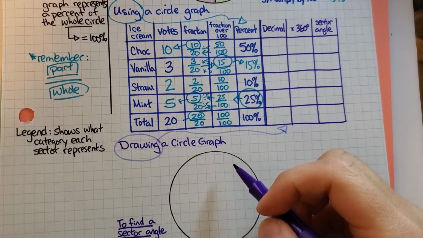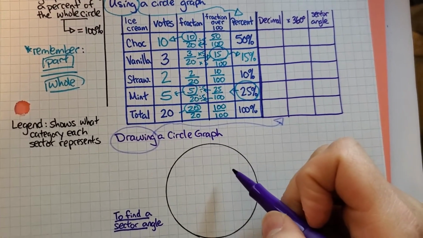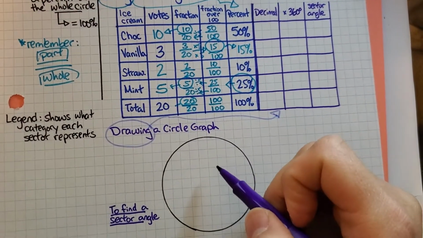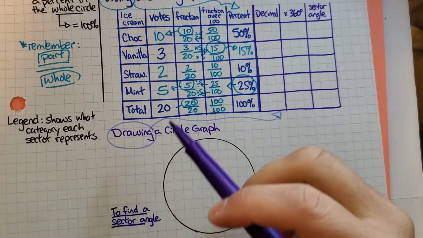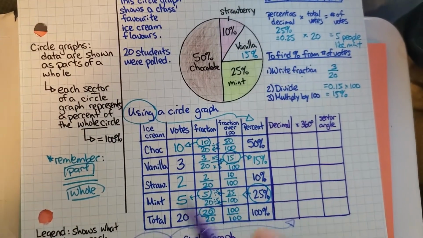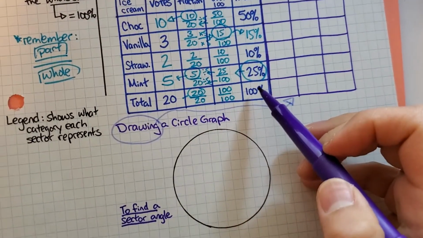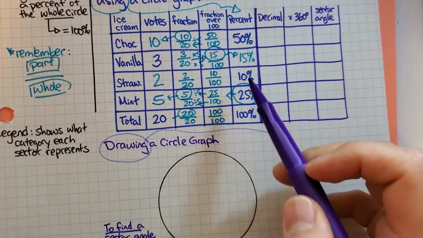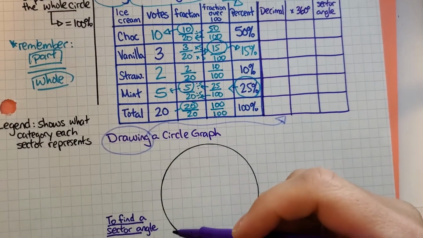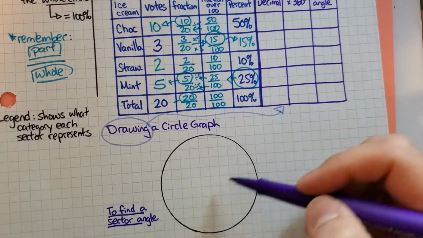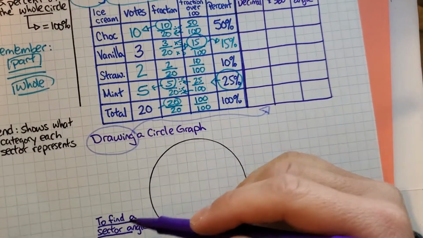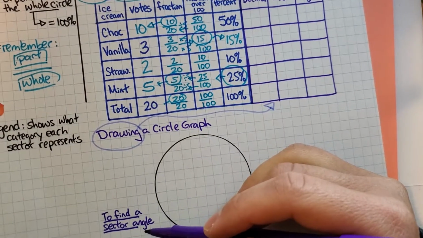So we did get a peek at the finished project, but now let's pretend we never saw the circle graph. We only know the percentages. If we just know the percentages, how do we make this circle graph? Step one, we need to find all of the sector angles.